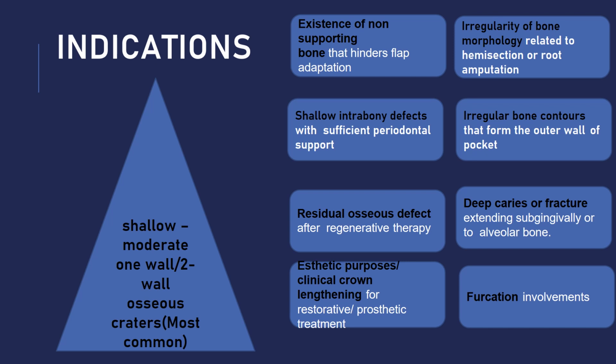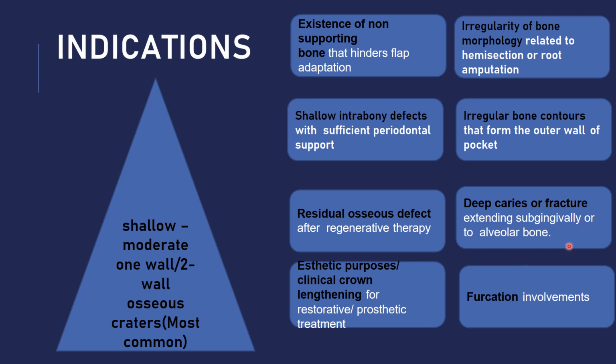Coming to the indications, first are shallow to moderate one-wall or two-wall osseous craters. That is the most common osseous crater and the main indication; it will not be used for advanced bony defects.